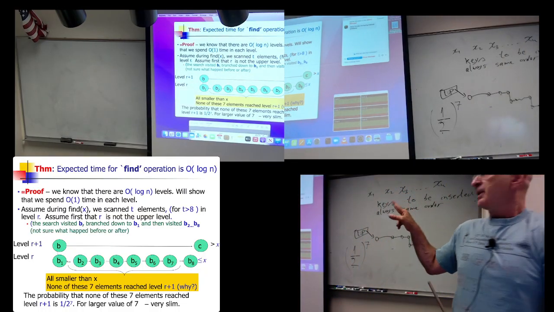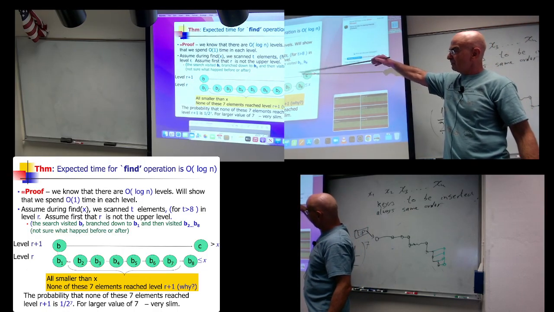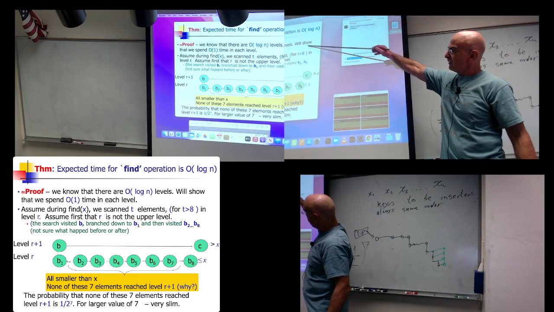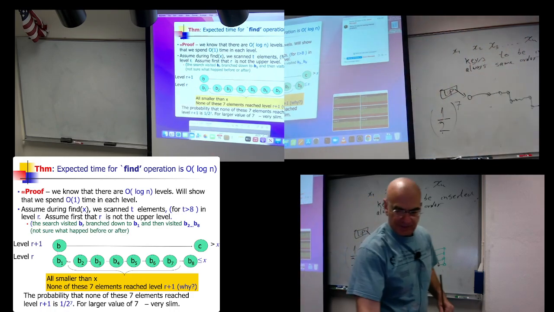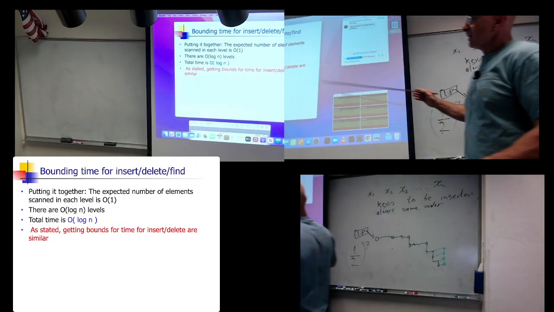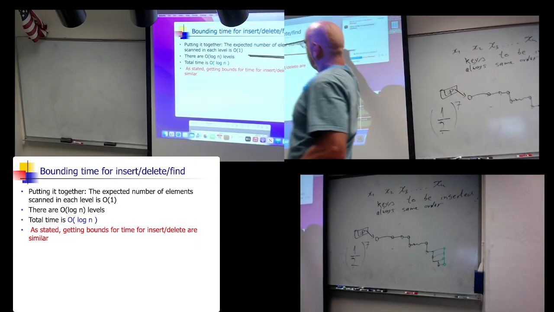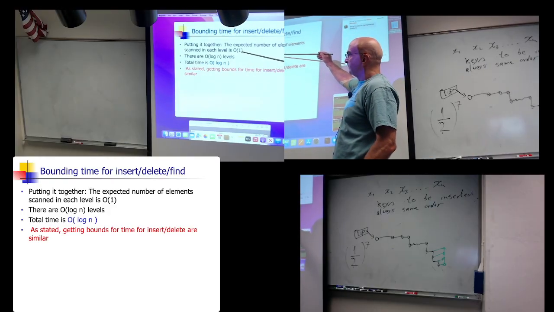So we are putting these two claims together. In each level, you're spending about a constant time. The number of levels is log n. Voila. So the expected time, number of elements scanned per each level is order 1.